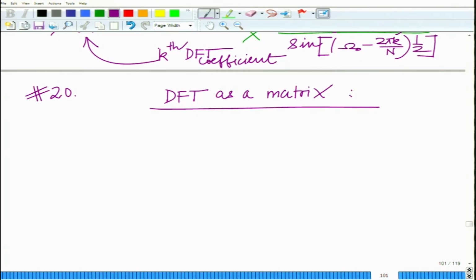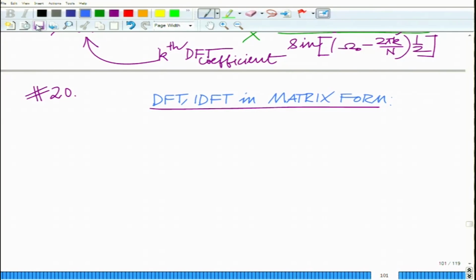So the DFT and IDFT can basically be expressed in a matrix form.